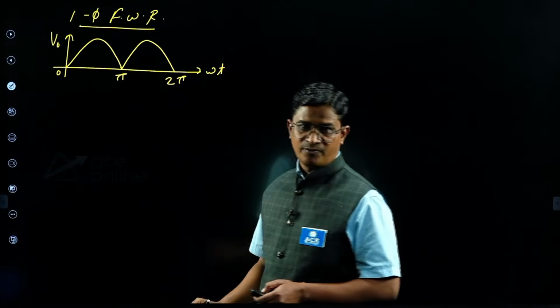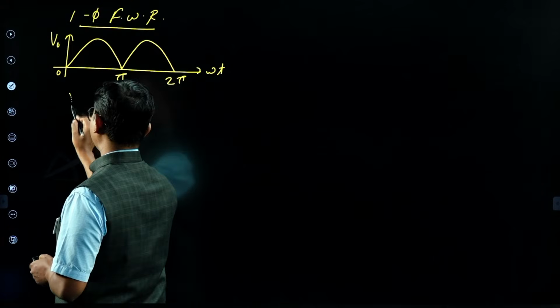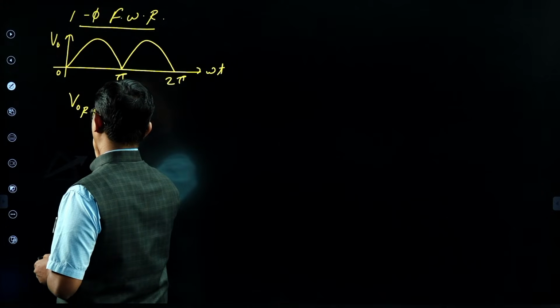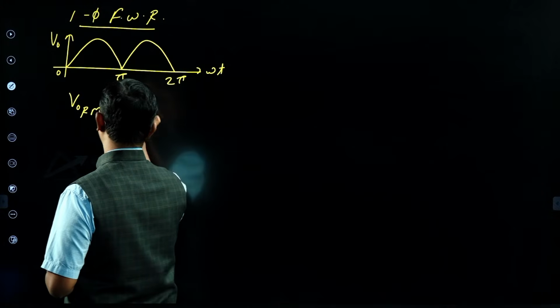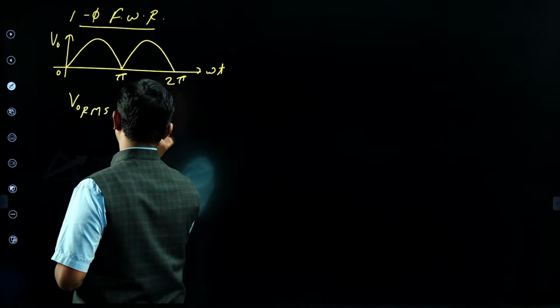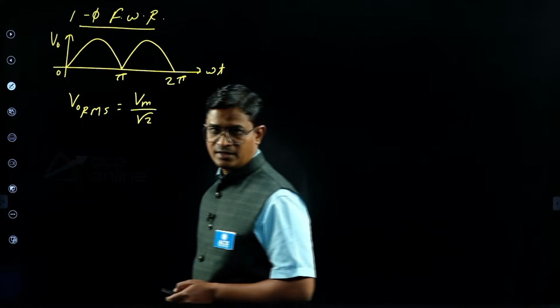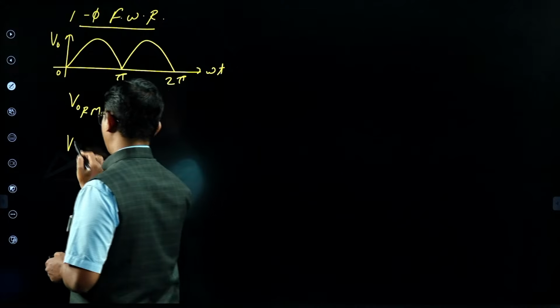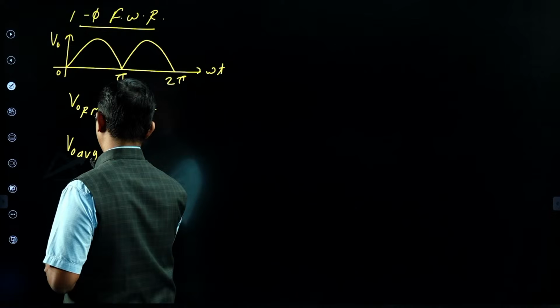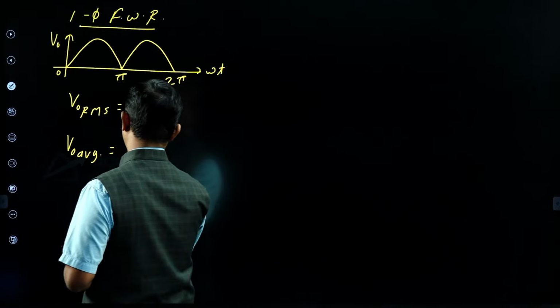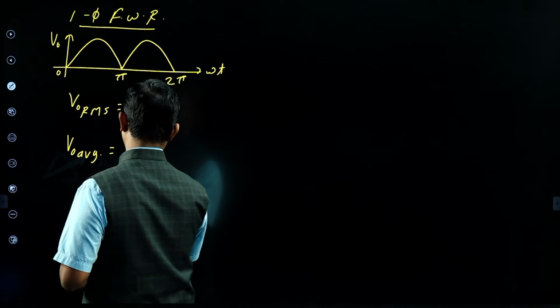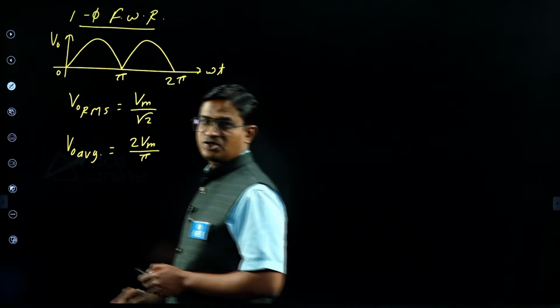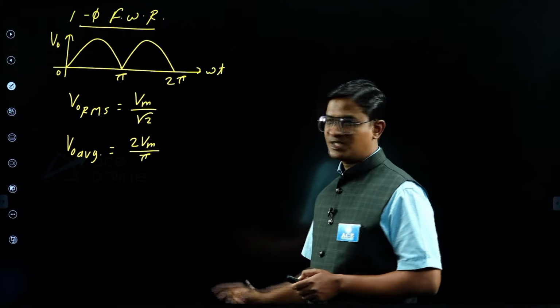For this waveform, what is the V0 RMS? It is same as that of Vs RMS, that is Vm by root 2. And what is the V0 average? V0 average is equal to 2 Vm by pi. Average is 2 Vm by pi and V0 RMS is Vm by root 2.